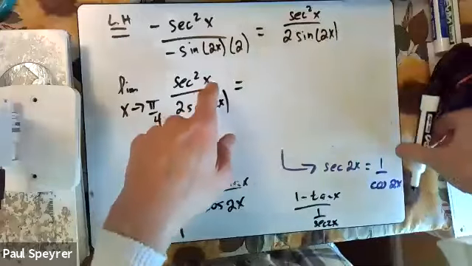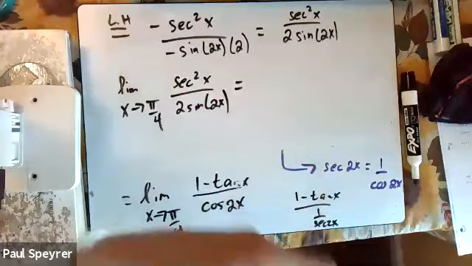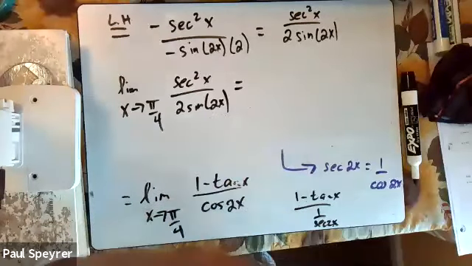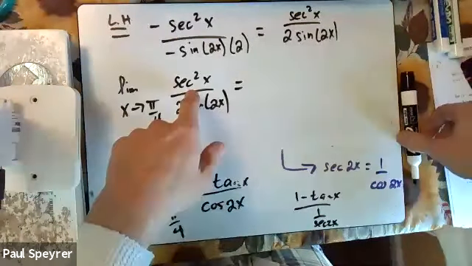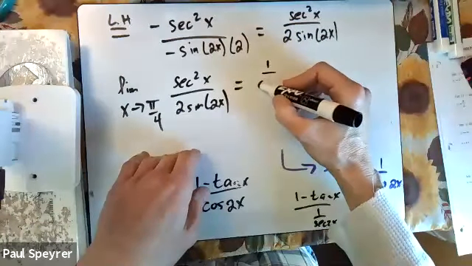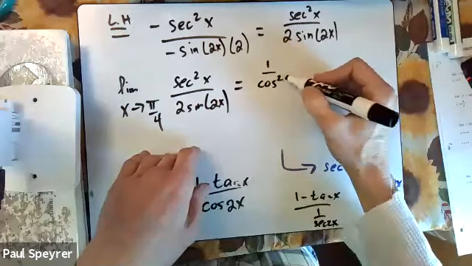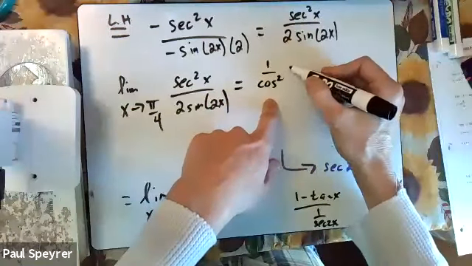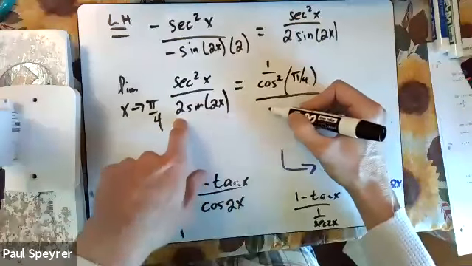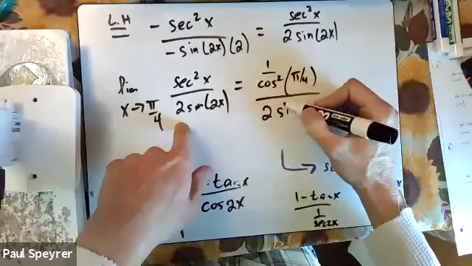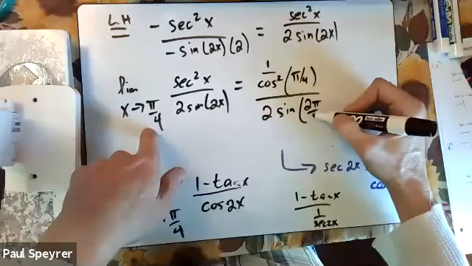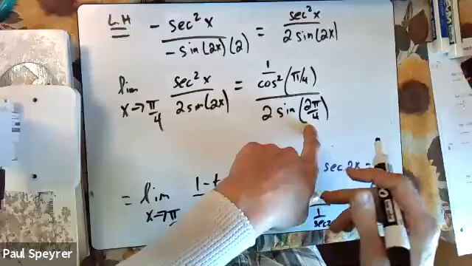Now, remember, if you're not comfortable with secants or cosecants or cotangents, rewrite them in terms of sine and or cosine. So secant squared is just 1 over cosine squared, right? So I'm going to say, oh, that's 1 over cosine squared of pi over 4 divided by 2 sine of, and this is just 2 pi over 4. And that does reduce to pi over 2, right?